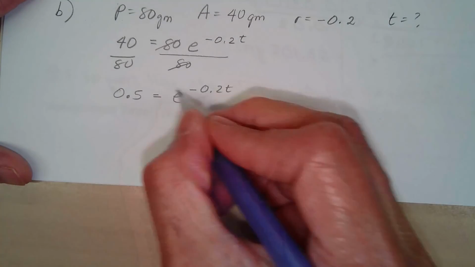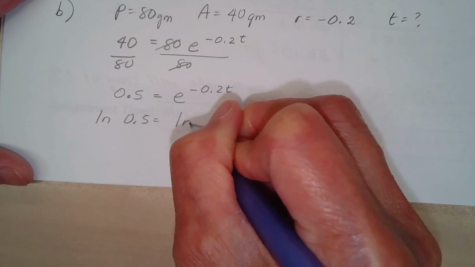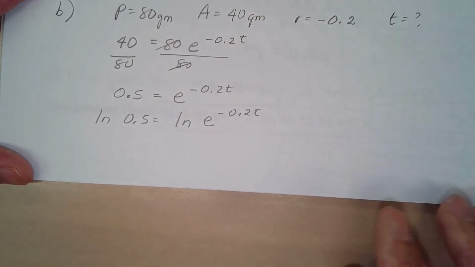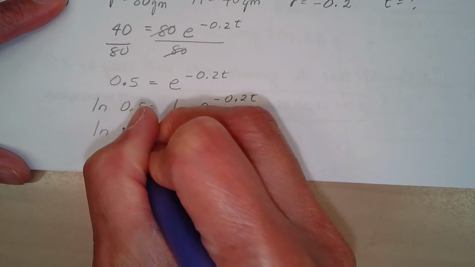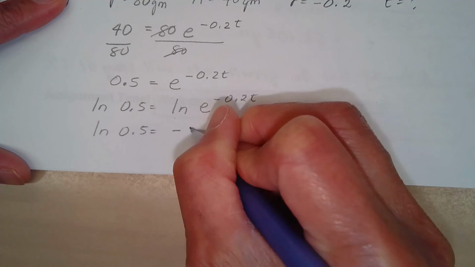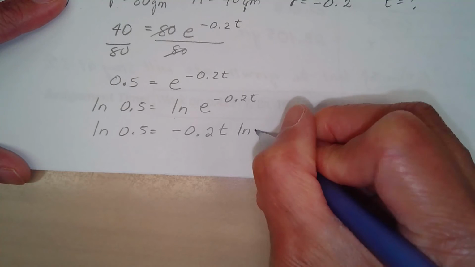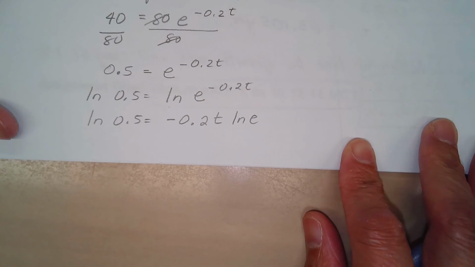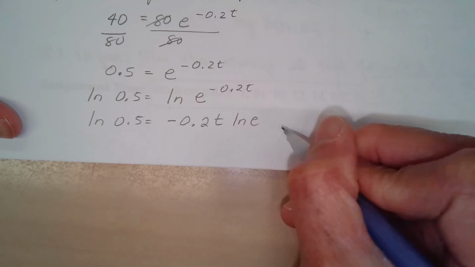Now we're going to take the natural log of 0.5, natural log of e to the negative 0.2t. Multiply it down. Natural log of e, base e, of course, is just 1.